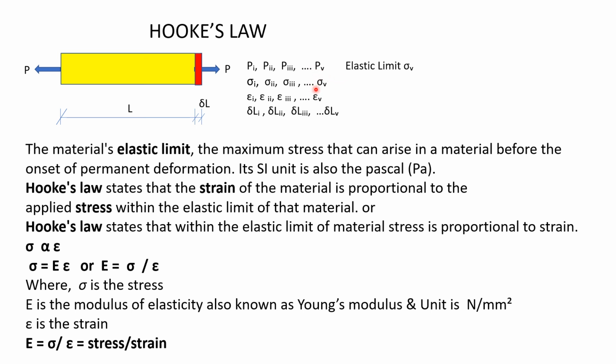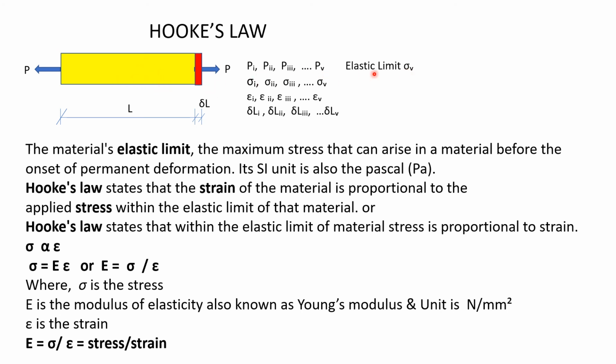But if I cross this stress sigma V and I further stretch the body, then what happens? After that, if I remove the force P here, the strain which is developed in the body is permanent. It enters the plastic zone, and it will not regain its original length after that. So what is to be understood here is, if I go on increasing this P slowly, there is one point and one stress which I am calling here sigma V. That is the maximum stress up to which this body will behave elastically.